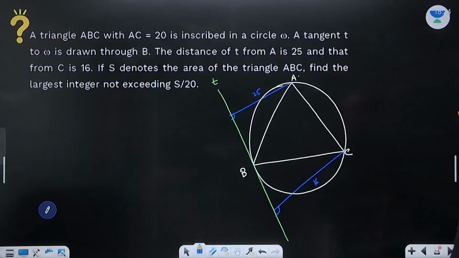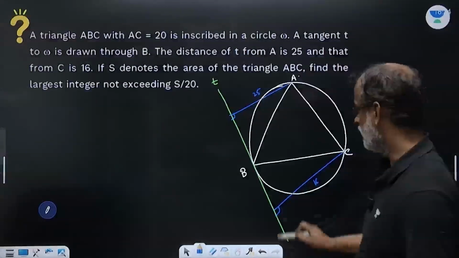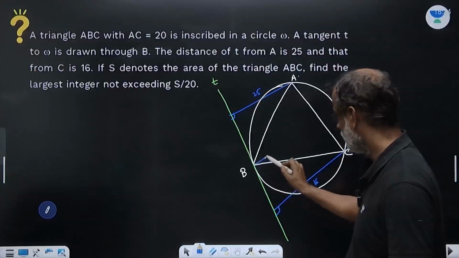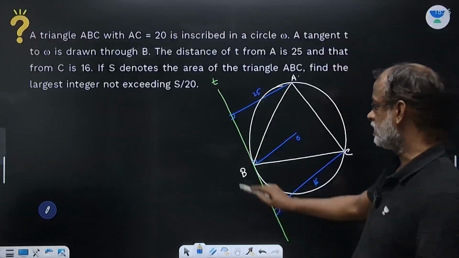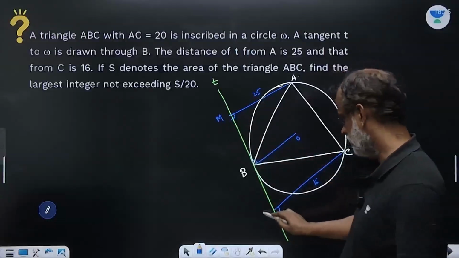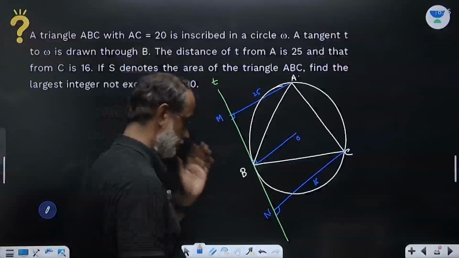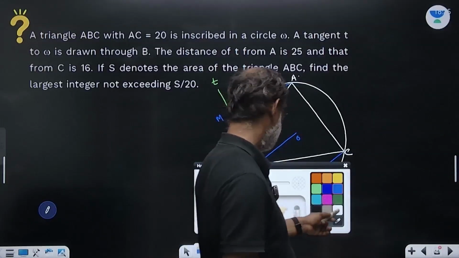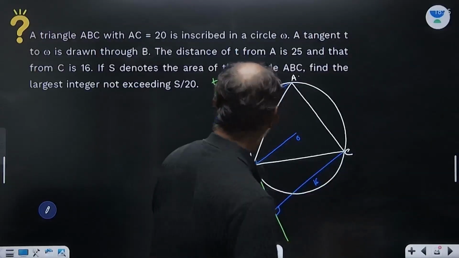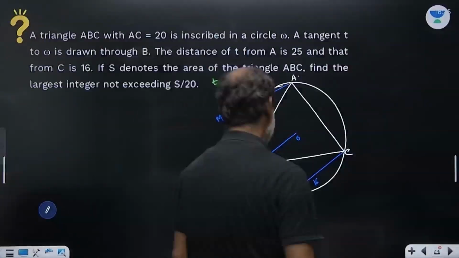If S denotes the area of triangle ABC, okay. Now let us first assume, say O is the circumcenter. This is 90 degrees. Say these perpendiculars are M, N. Right? Now we have to find the area of these triangles.